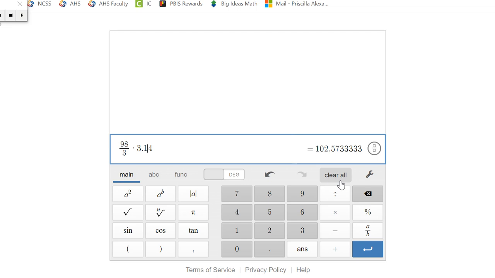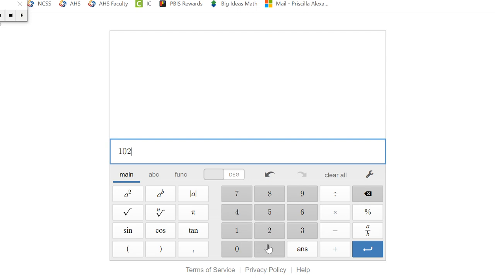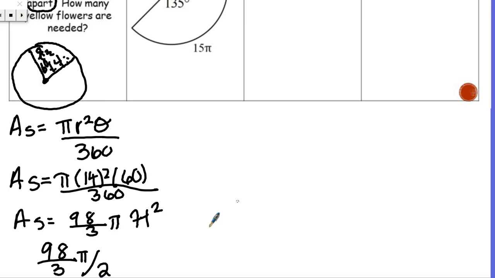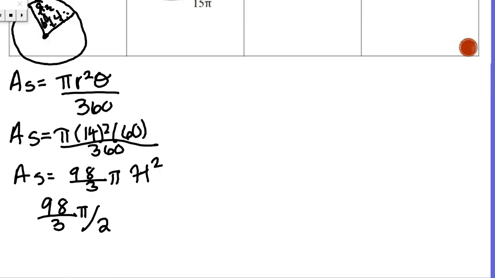Okay, now I'm gonna take that 102.57, oh boy, and divide it by 6. So actually I need about 17 flowers.